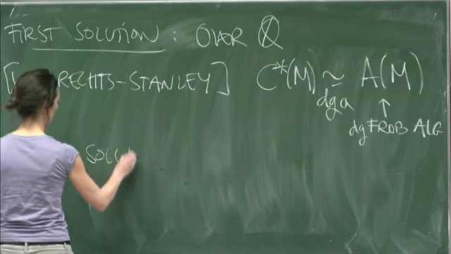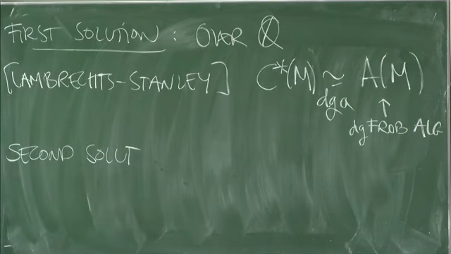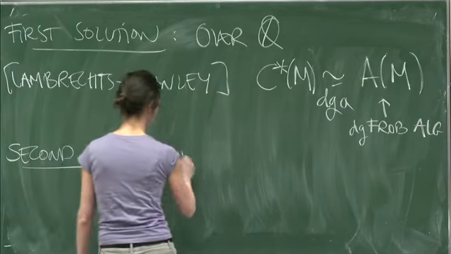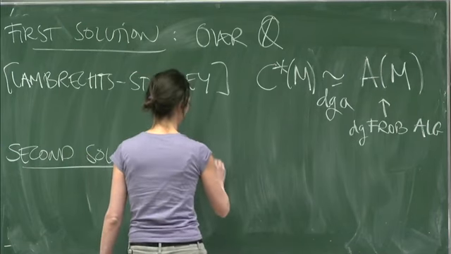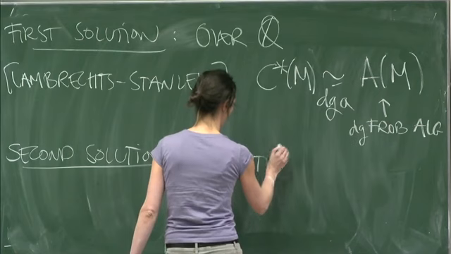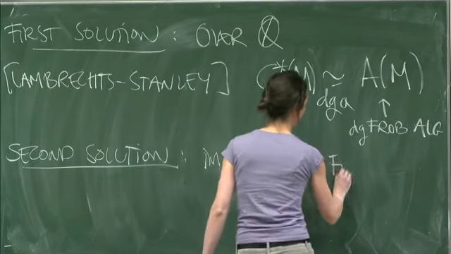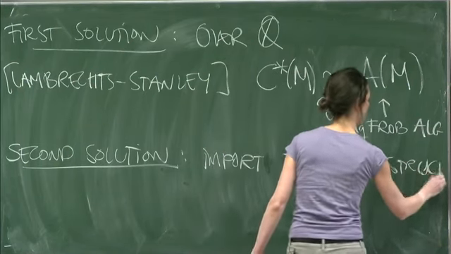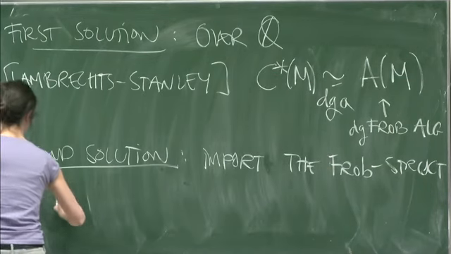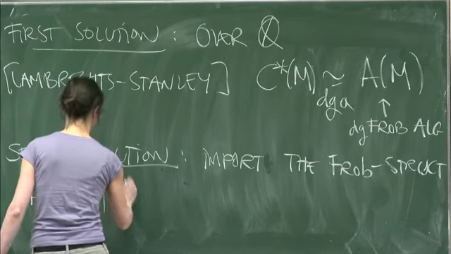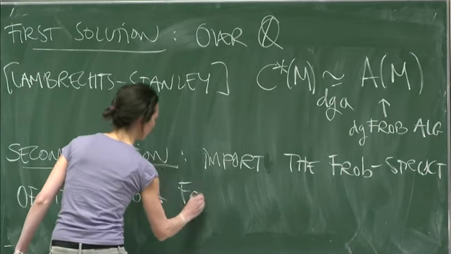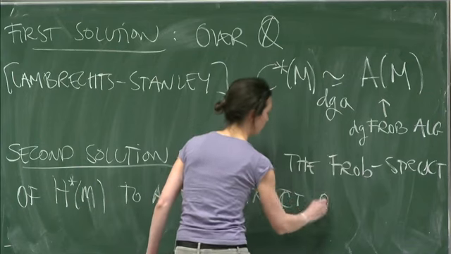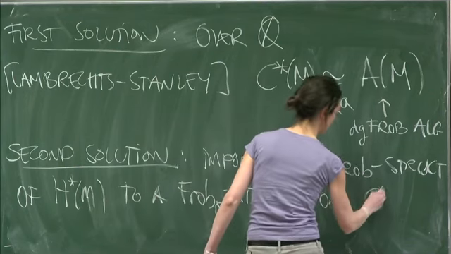Second solution, which I think Bruno will prefer. Where's Bruno? Yeah, maybe. The solution is to import the Frobenius structure of the cohomology of M to a Frobenius infinity structure on the cochains.